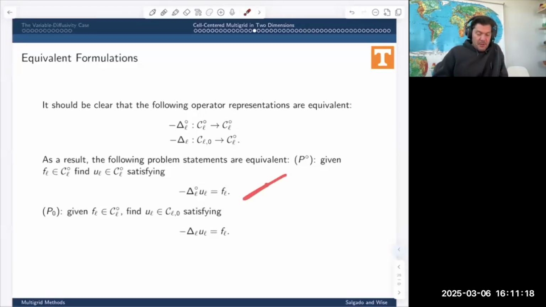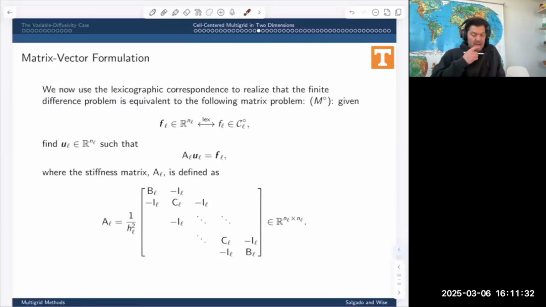So these two problems I claim are equivalent, and it's not a trivial exercise to show that, but I hope it feels straightforward.